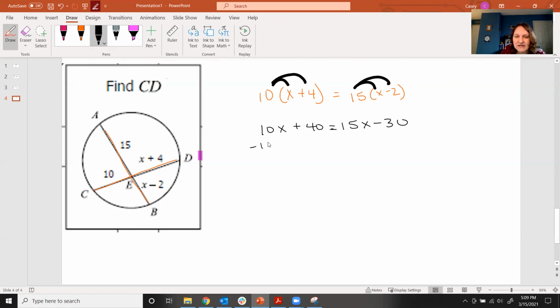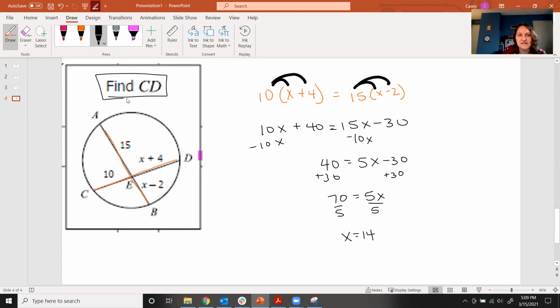I'm going to subtract 10x from both sides and add a 30 to both sides. And then I'll divide both sides by 5. So x equals 14.